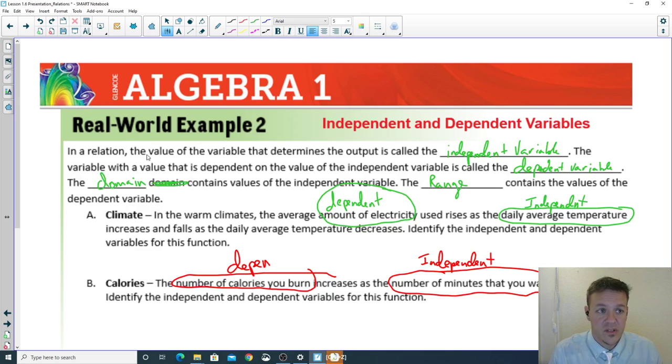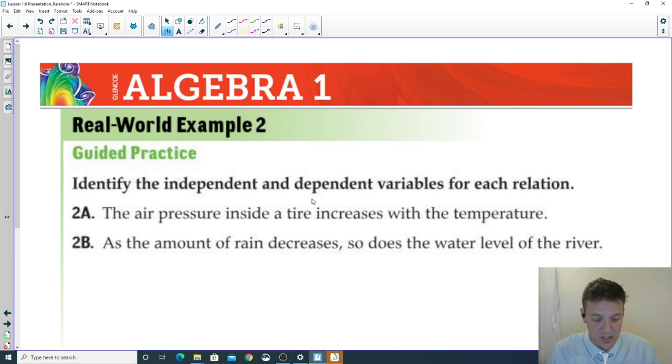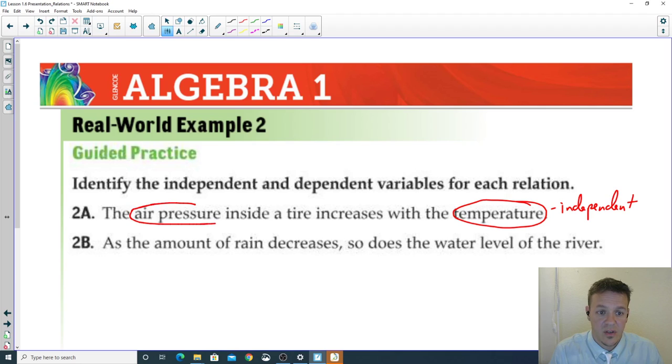All right, air pressure inside your tires, ladies and gentlemen. Okay, once again, temperature is independent and air pressure is dependent. Okay, the amount of rain decreases, so does the water level of the river.